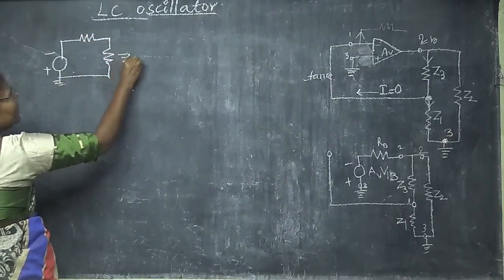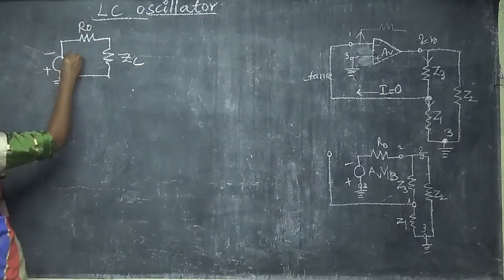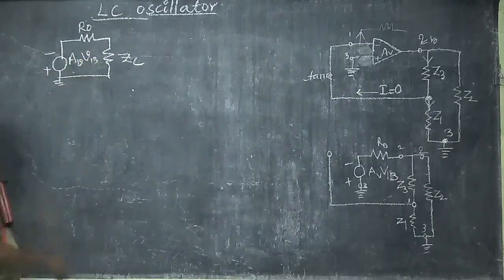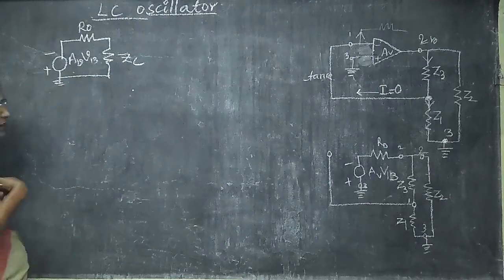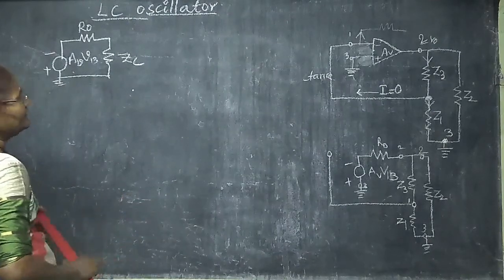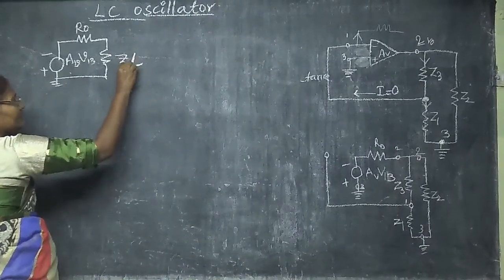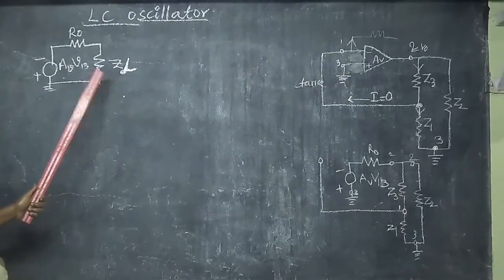This is going to be my ZL, and this is going to be AV V13. Now I want to find, let me write like this because you may confuse with C and L, so ZL.